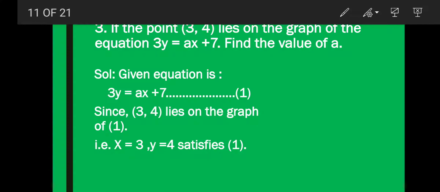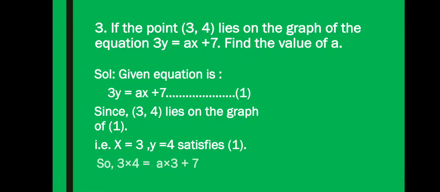Now we will put these values of x and y in equation 1. Then we get 3 multiplied by 4, that means 3 into y, 3 into 4 is equal to a into x, that is a into 3 plus 7. This implies 3 into 4 means 12 is equal to a into 3, that is 3a plus 7.